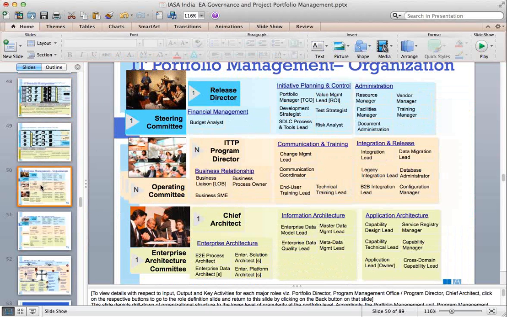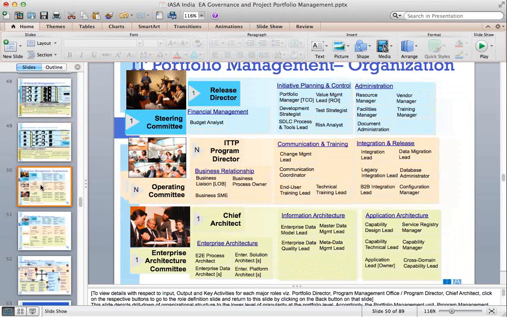Very clear, so that you can get back tomorrow into your project and see whether you have some of them, or it's quite holistic in terms of what the release director or a program director or a chief architect must have, either in terms of resources or skills or people who have the ability to do this kind of work. So it's fantastic if you have this particular chart in front of you, go back and assess how am I doing portfolio management versus what Vinny is speaking in terms of it.